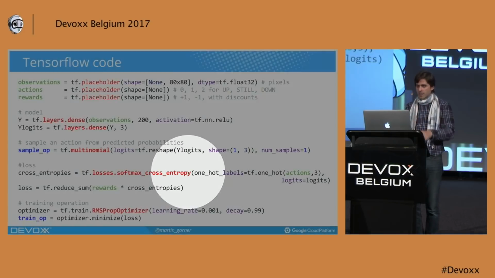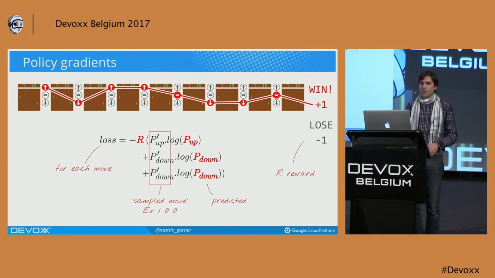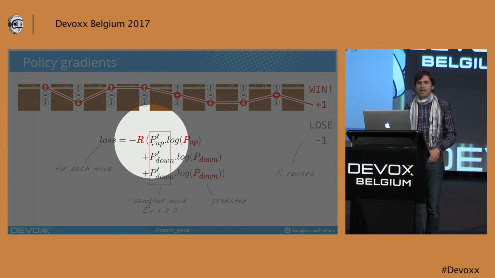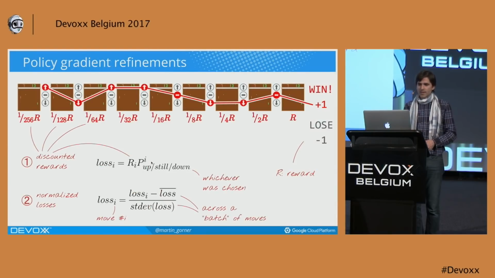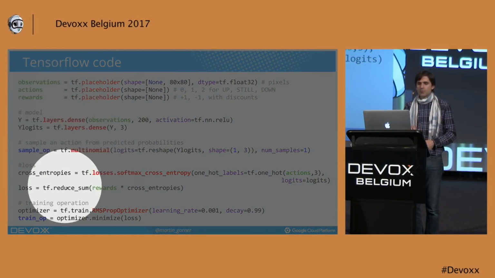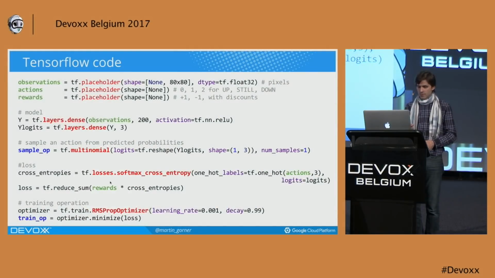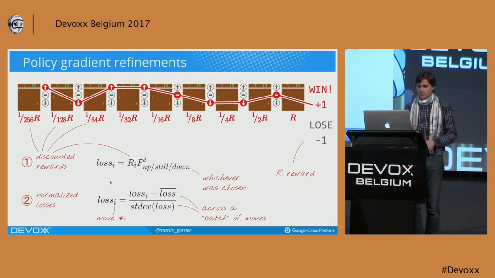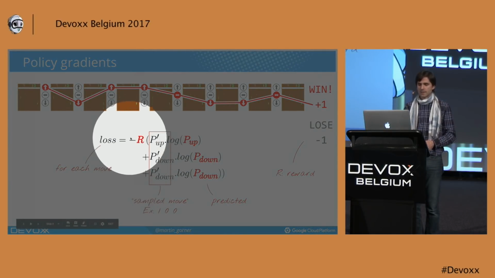In this case, as we said, it is the difference between what the network predicted and the move we actually made. And finally, the rewards, because the rewards is what allows us to compute our loss in the end. And you remember this formula, the reward goes here.